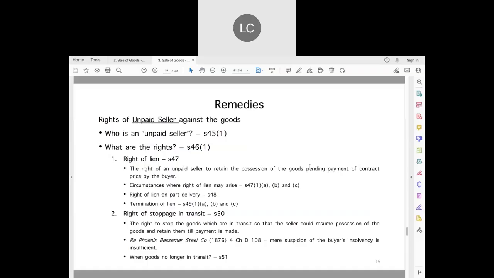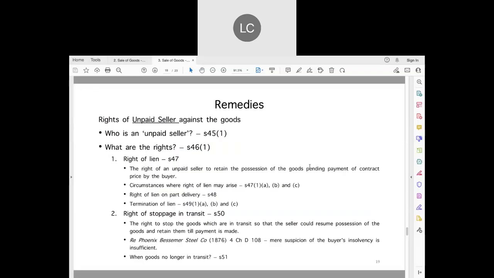So if stoppage in transit is carried out and it is later found out that the buyer is not insolvent, the buyer is entitled to delivery of the goods and to receive an indemnity from the seller for any loss caused by the stoppage.